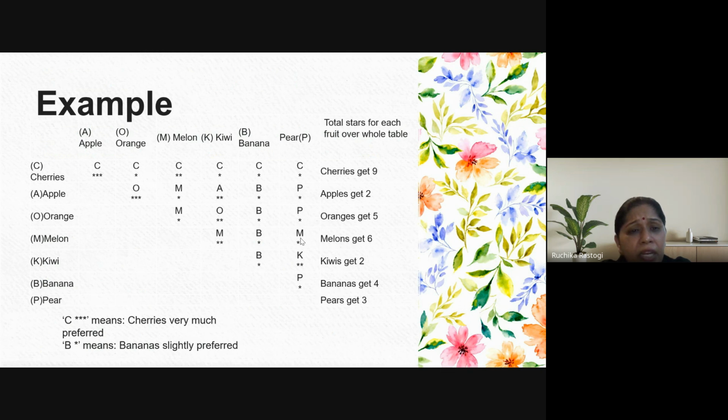If there are 3 stars, that means the product is very much preferred. If it has 1 star, it is not liked very much, and 2 stars lies between 1 and 3. So in the first one, as compared to apple, the cherry is liked most. That is why there are 3 stars. As compared to orange, cherry gets 1 star. As compared to melon, again cherry is liked with 2 stars.